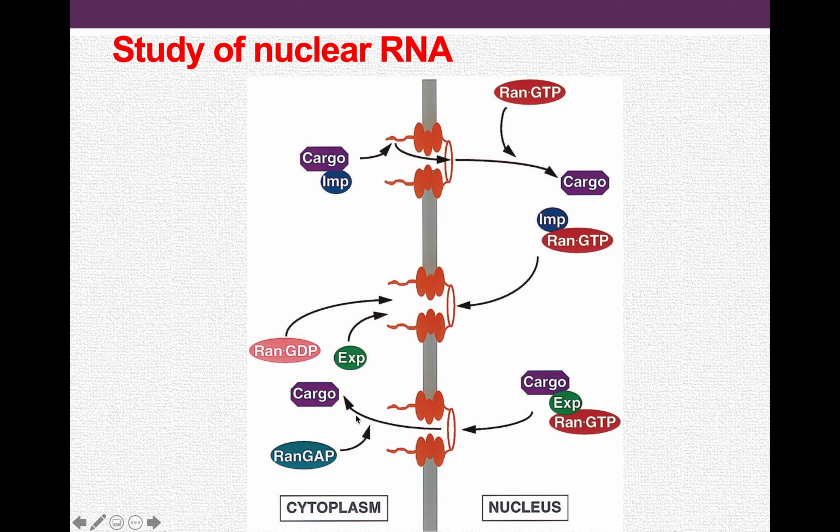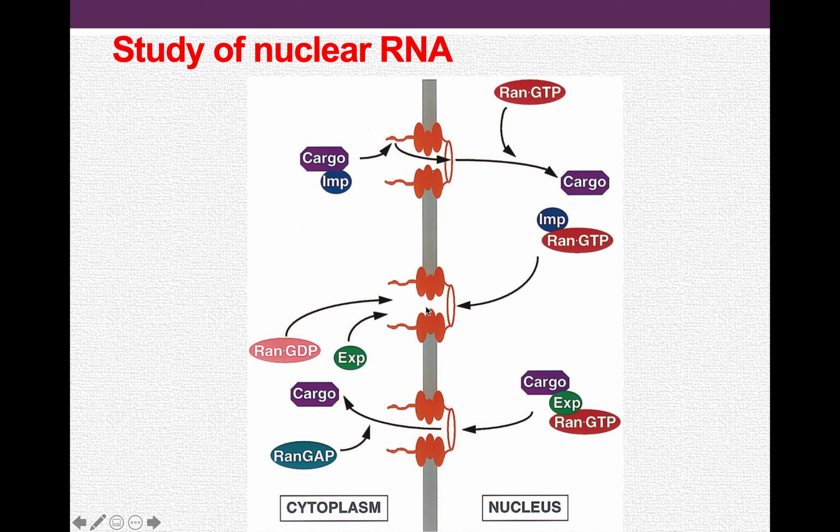What happens over here is that your cargo will be dissociated from the RAN-GTP and the exporter. The exporter will be transferred back to the nucleus because you need it to transfer anything from the nucleus to the cytoplasm. So it has to go back to the nucleus. The exporter has to have the accompaniment of RAN-GDP, so it cannot go back on its own.